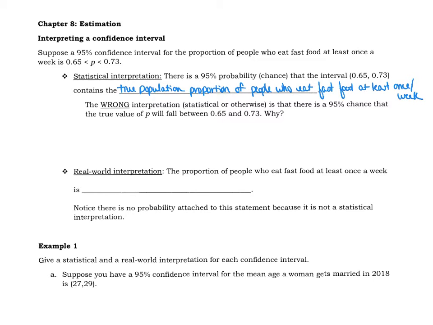Okay, sorry, I didn't give you very much room on that line, did I? So there'd be a 95% probability or chance that the interval contains the true population proportion of people who eat fast food at least once a week.